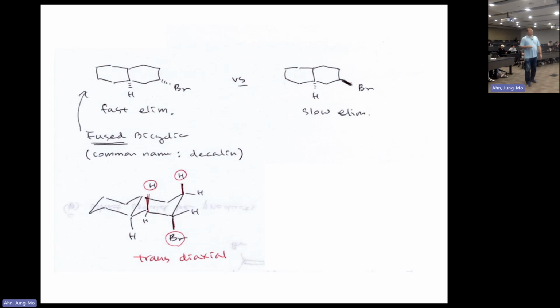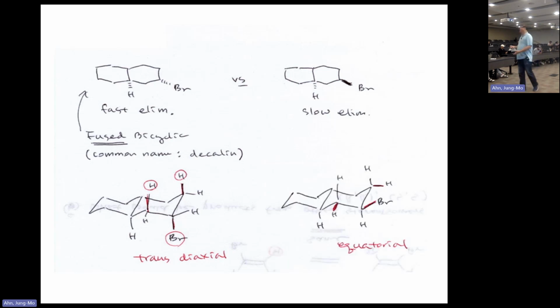The other one, on the other hand, if you look at the most stable conformation, the same way you present the carbon skeleton, this bromine is going to be equatorial. Conformationally, it's more stable, but the reactivity is bad because this is not ready for the E2 elimination reaction. In order to make the E2 elimination reaction, you've got to flip the chair to make this bromine axial.